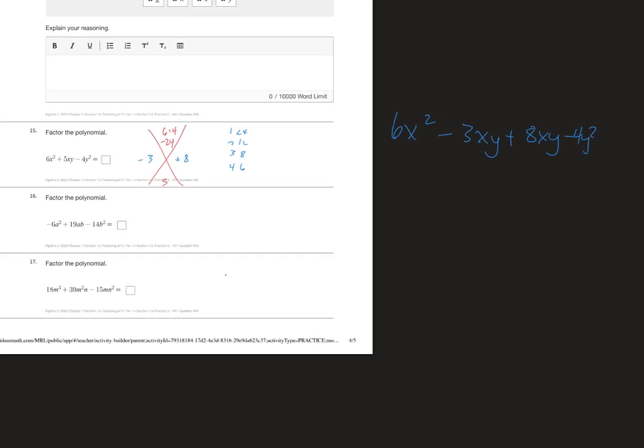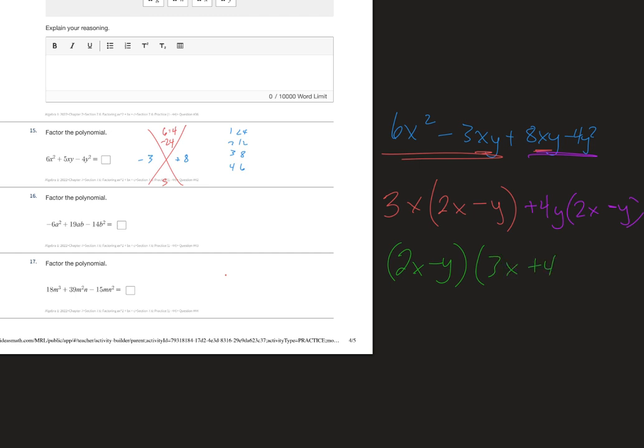That's all that's going on here, is that this is supposed to make you go, this guy has a 3x in common, so we have 2x minus y, and this guy has a 4y in common, so plus 4y, and we're left with 2x minus y. Oh my goodness. So scary. 2x minus y, sorry, times 3x plus 4y. That's it. That's the answer.